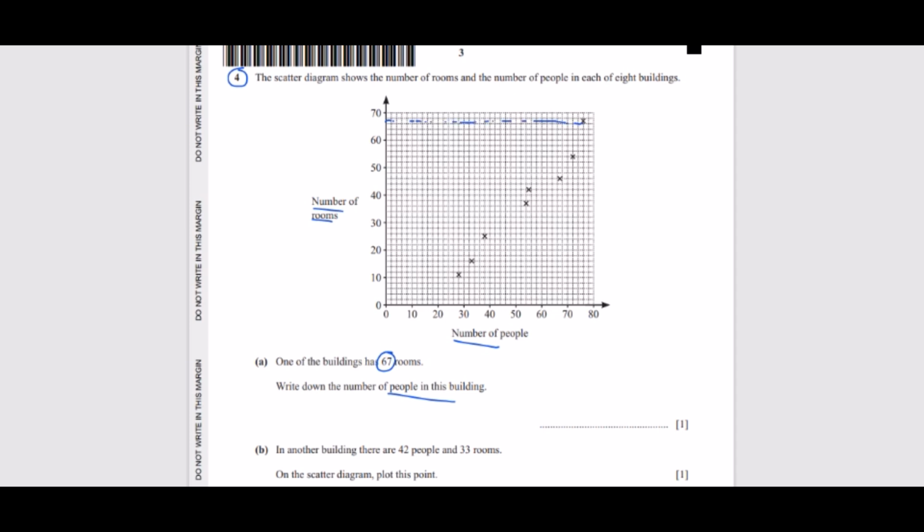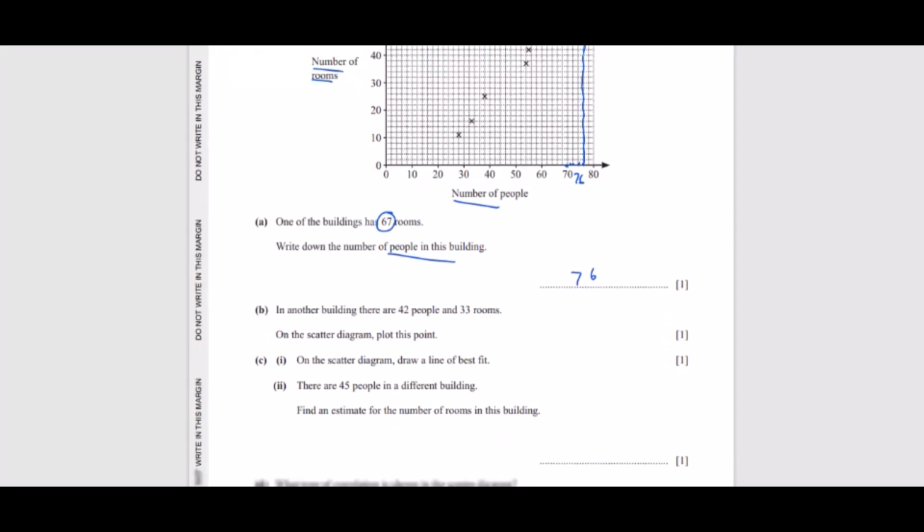Here on the scatter, draw a line upward. So this is 70, 72, 74 and this is 76. So the final answer is 76.